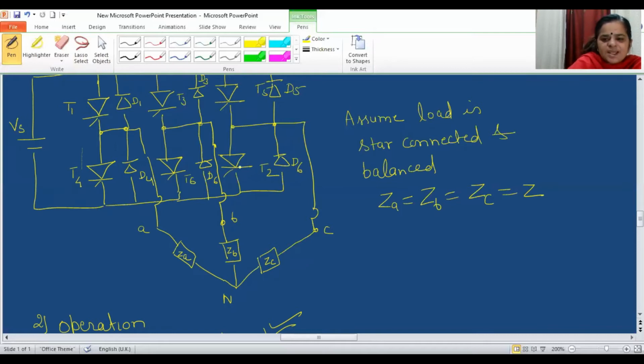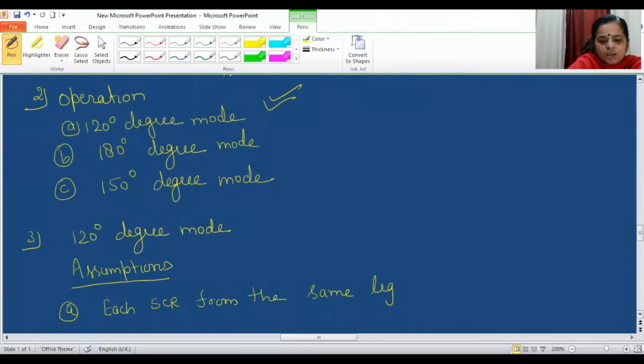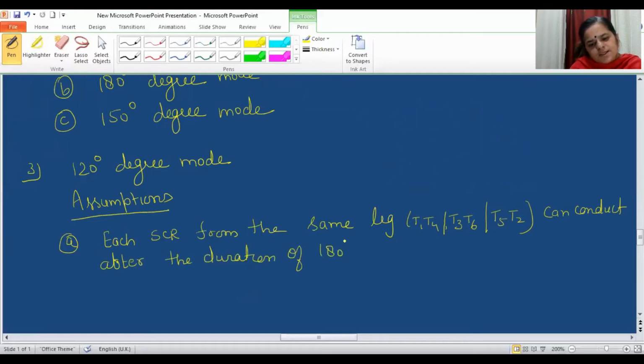So the SCRs from the same leg may be T1, T4, or T3, T6, or T5, T2, and they can conduct after a duration of 180 degrees.